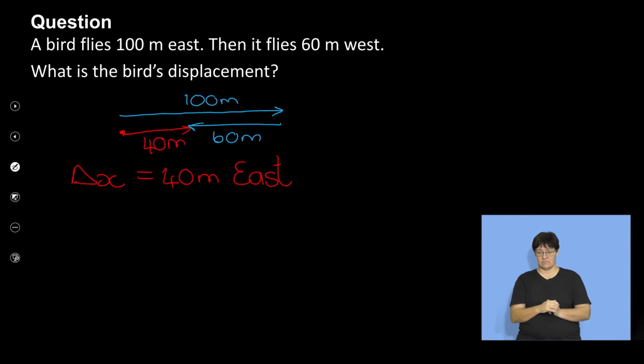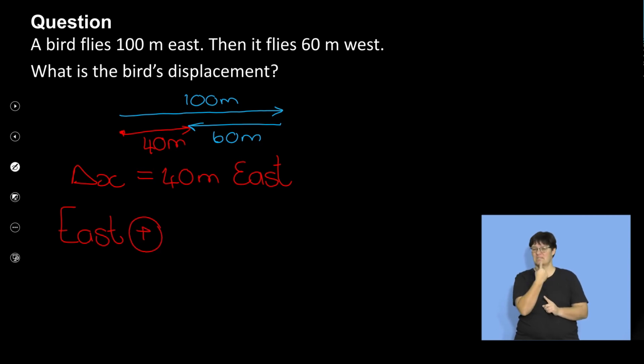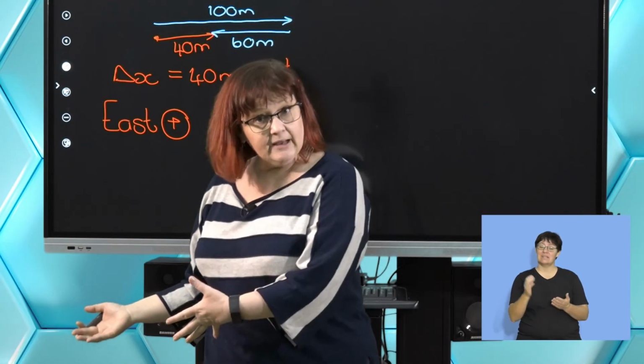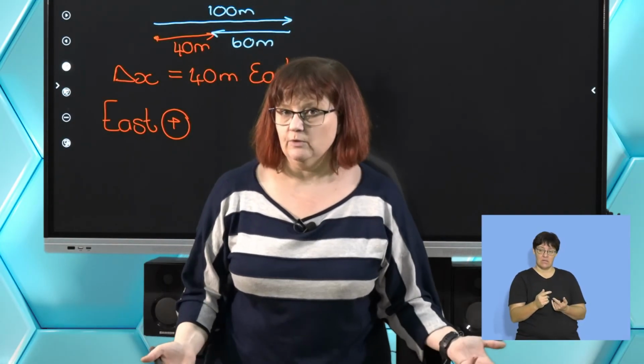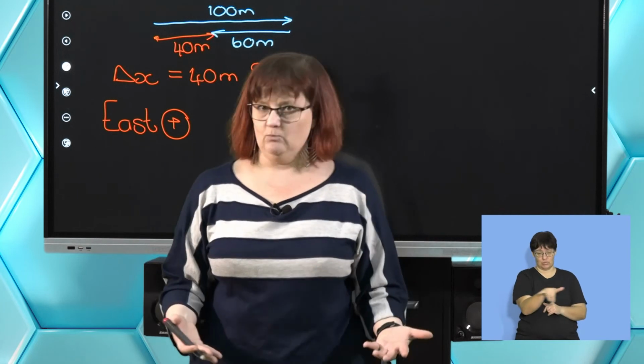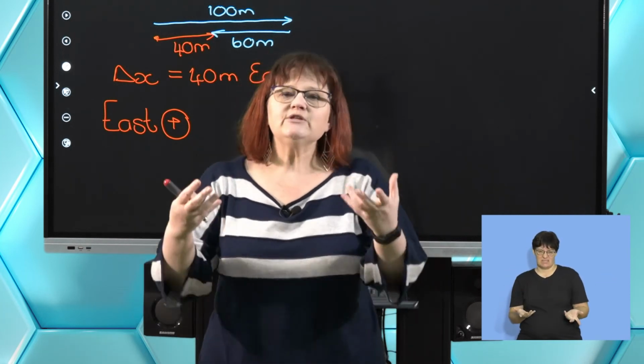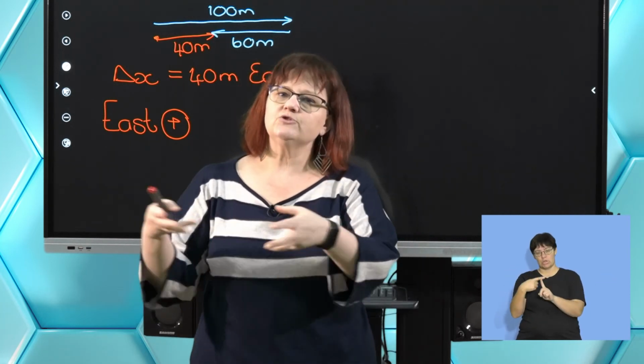I'm going to take east as my positive. Why? Simply because it was the first direction given. Sometimes we're going to tell you what direction we want as positive, but most of the time we're not. You must choose one that makes sense to you.